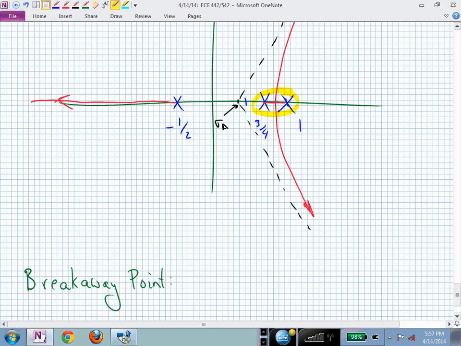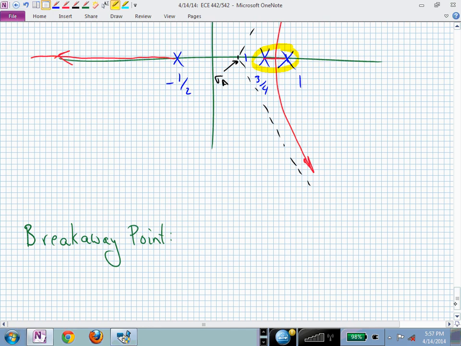Now, how do we find the breakaway point in that highlighted region? What do we use? What condition? The yes-no condition, the fail-safe condition. What conditions do we have for the root locus? We actually have two. We have a magnitude condition. What's our other condition?